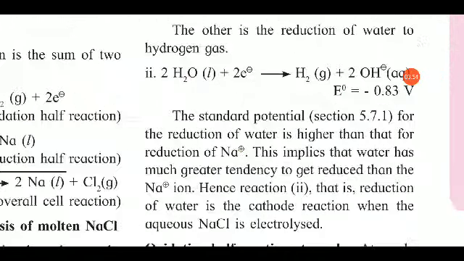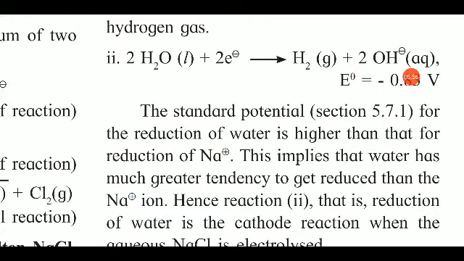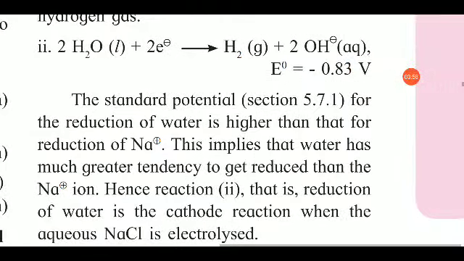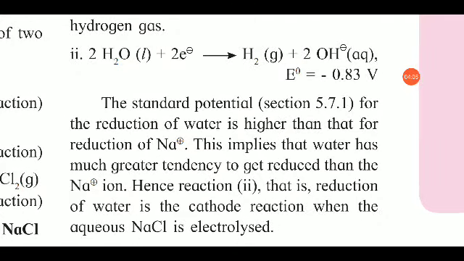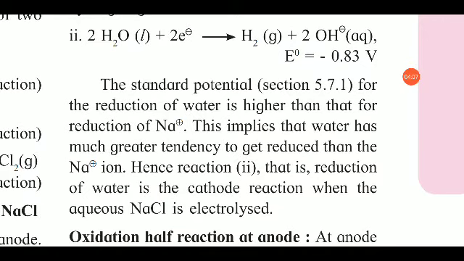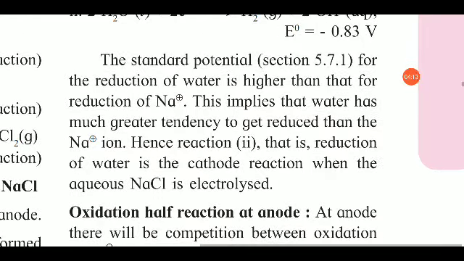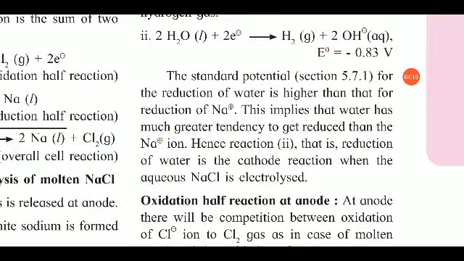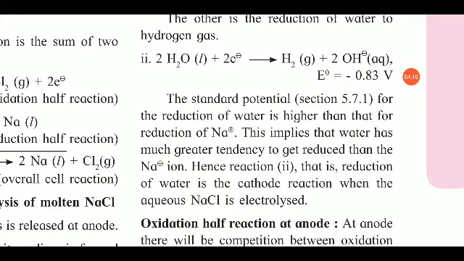The potential for the reduction of water is higher than that of the reduction of Na plus. What does it indicate? This implies that water has a much greater tendency to get reduced than Na plus ions. Hence, this second reaction, the reduction of water, is the cathode reaction when aqueous NaCl is electrolyzed.